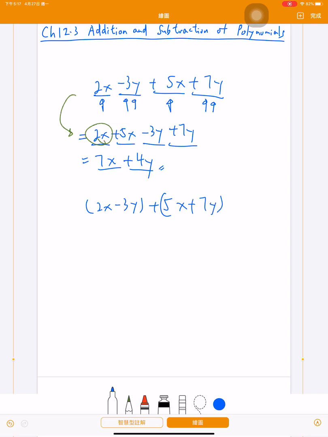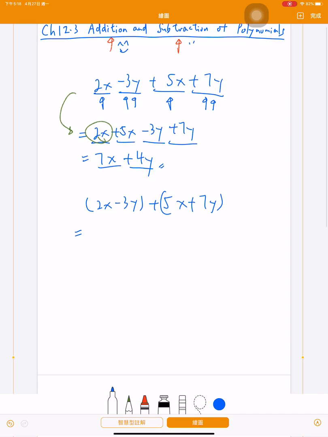Okay, we know that usually for this type of question we are talking about addition or subtraction only. So you know that for addition, usually it is very good. For subtraction, it is not easy to do, right?